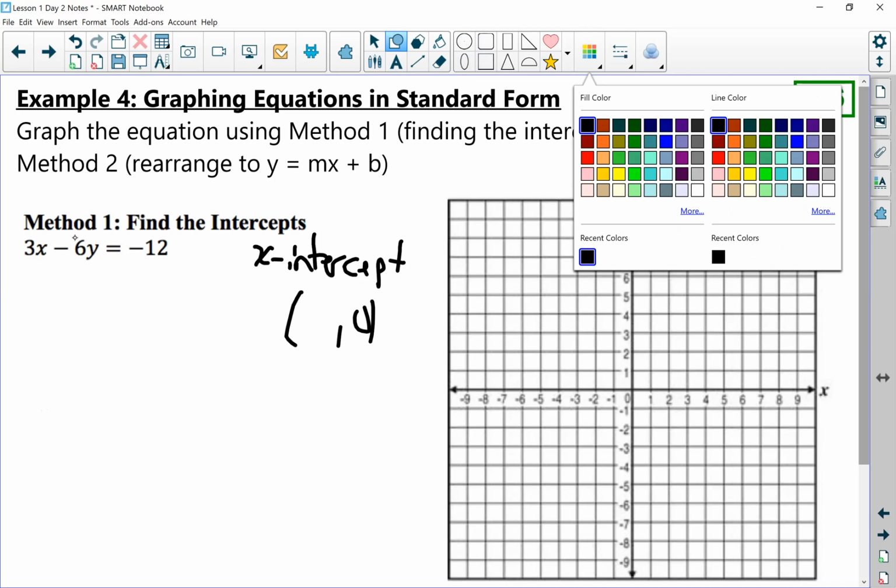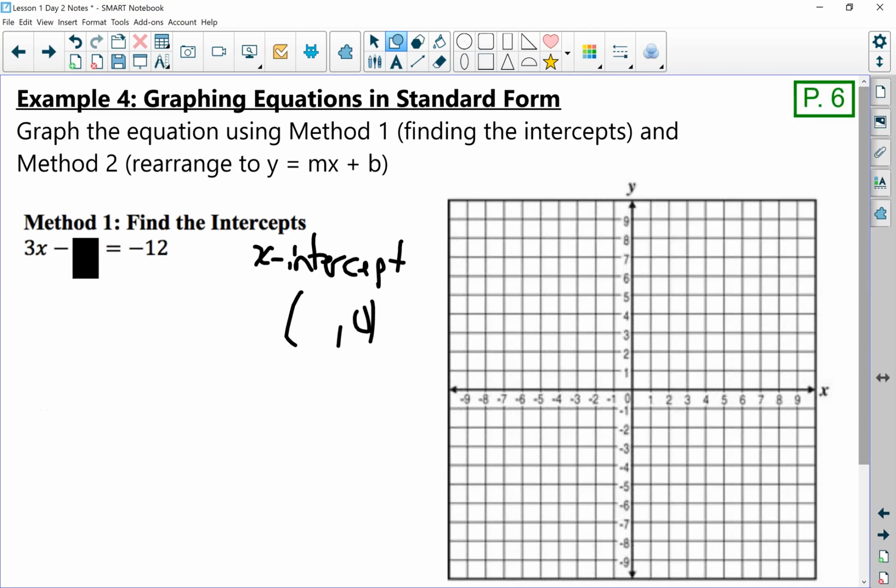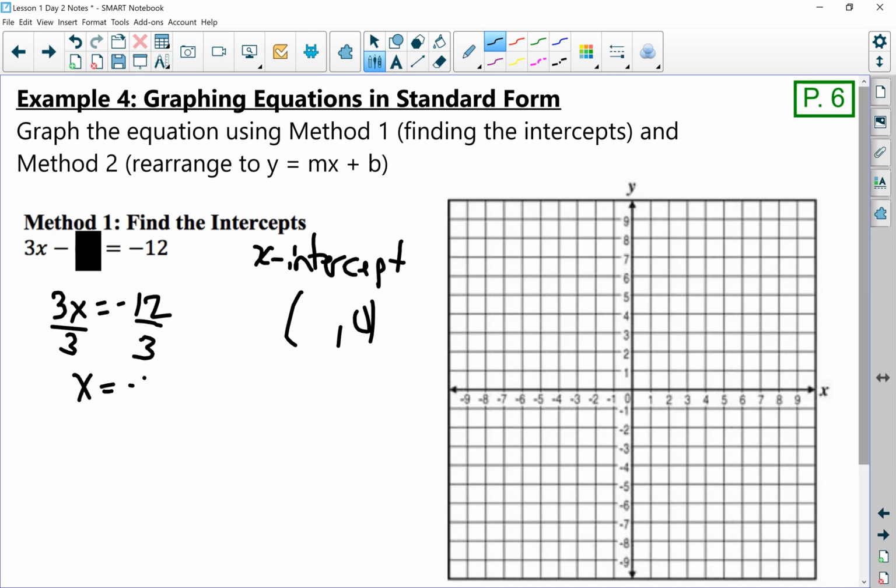And so if I cover up the y, I have 3x equals negative 12. Divide both sides by 3 to figure out what x is. And x is negative 4.